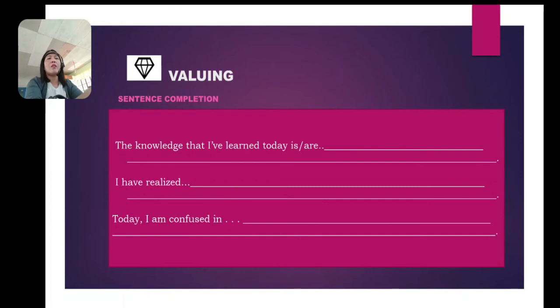Third: today I am confused in, etc. Again, you're going to write it on your answer sheets, then take a photo or a screenshot and send it to my messenger account.